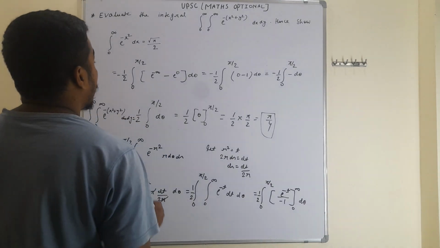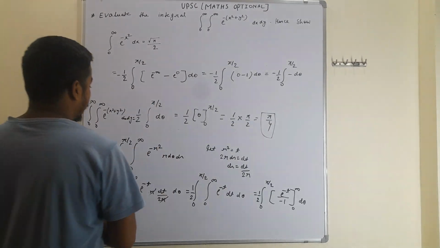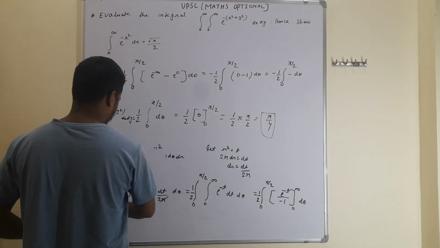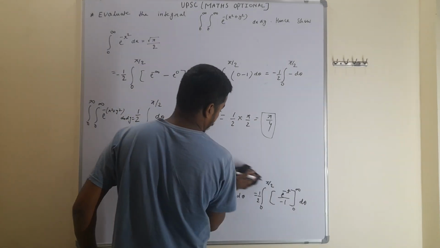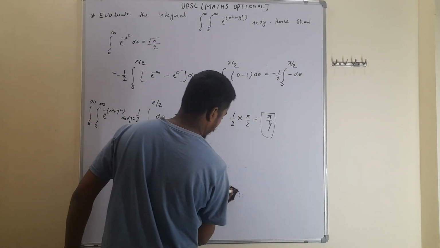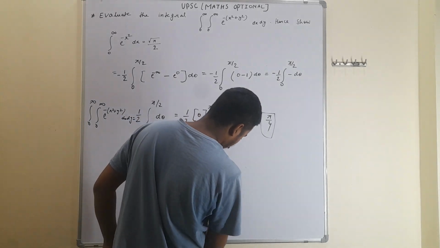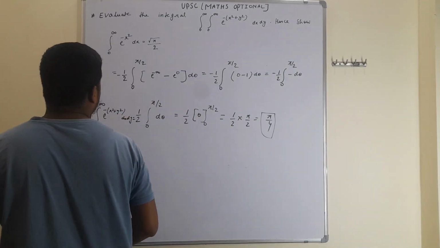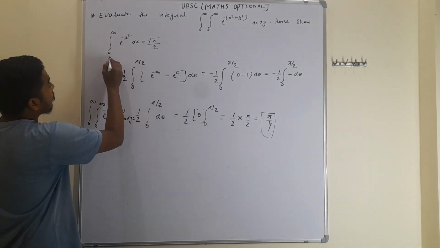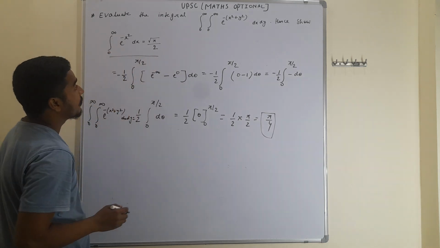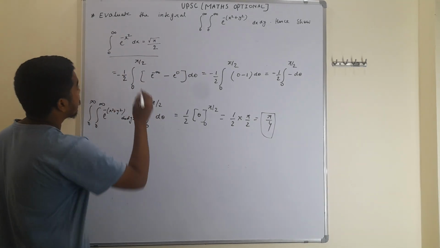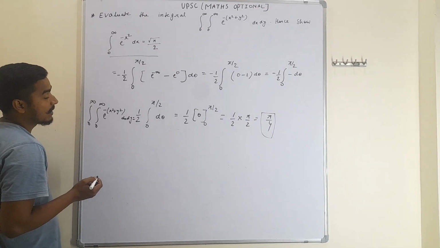Then we have to show that the integral 0 to infinity of e to the power minus x square dx is equal to root pi by 2.